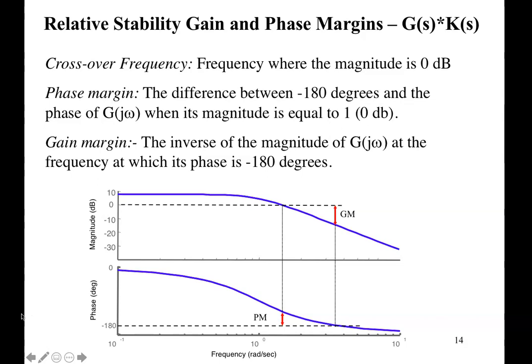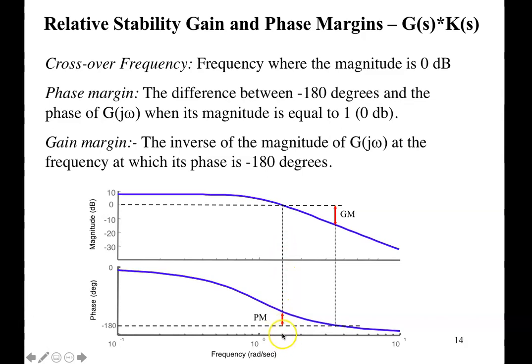One frequency is where the magnitude plot crosses 0 dB. So it's the point on my diagram here. If I look at the magnitude plot or the gain plot, 0 dB, go find where it intersects with the magnitude, and then you go down, you find that frequency.